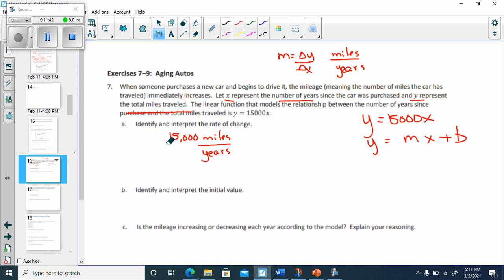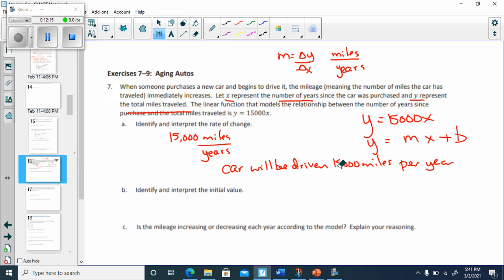This says that this car is going to be driven about 15,000 miles per year. See that per, again, we're talking about our rate of change. When you see a per or each or something like that, you're dealing with rate of change.